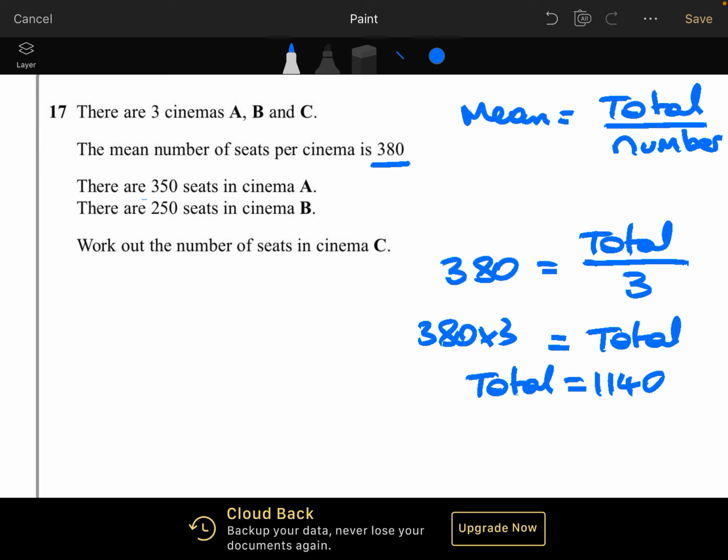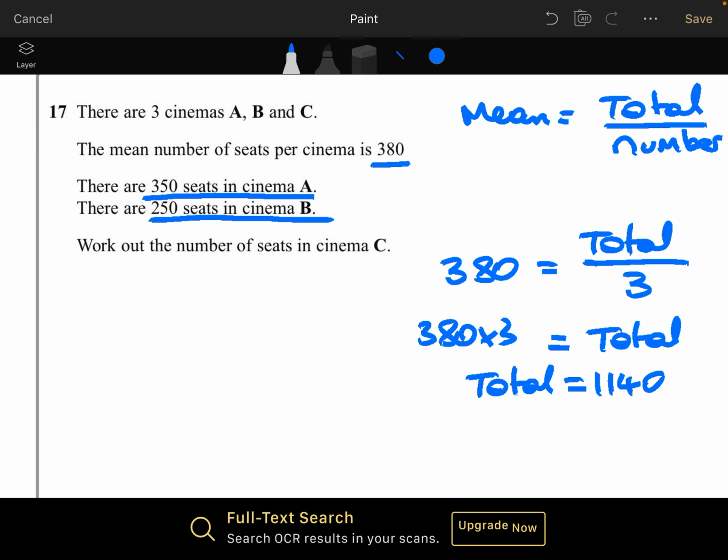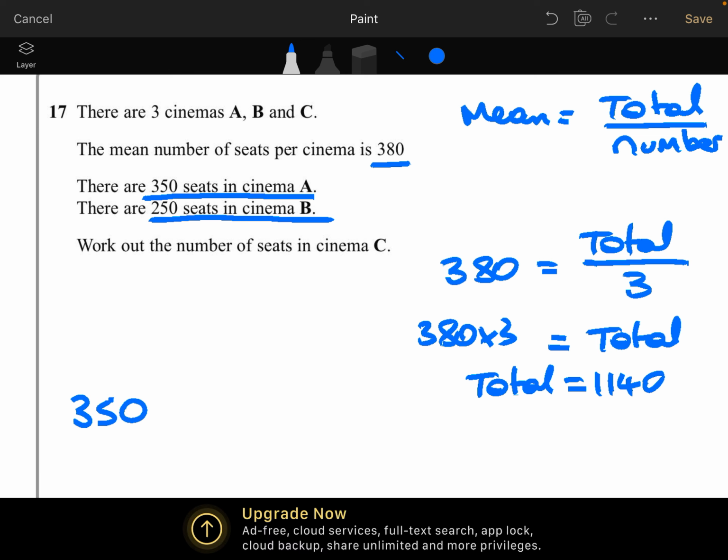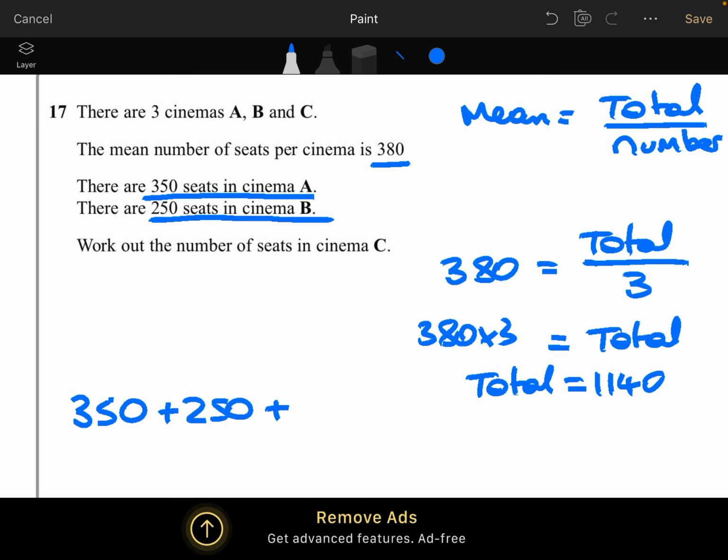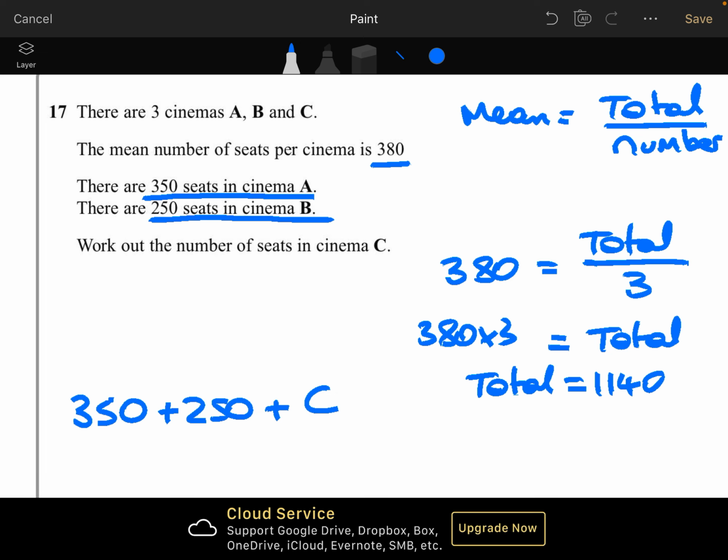Now it tells us cinema A has got 350 seats and cinema B has got 250. So if we add up the ones that we've got, 350 plus 250 plus, I don't know how many there are for C, that must total up to give 1140.